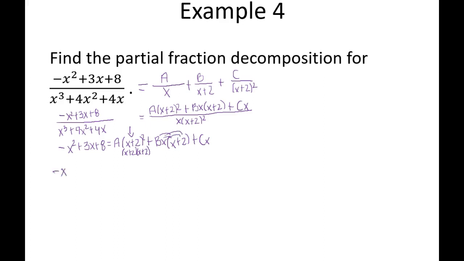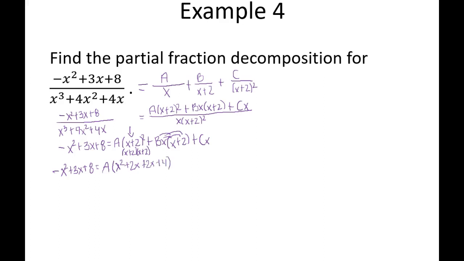So we've got negative x squared plus 3x plus 8, and this is going to be equal to a. And then x times x is x squared. x times 2 is plus 2x. 2 times x is plus 2x. And then 2 times 2 is going to give me plus 4.